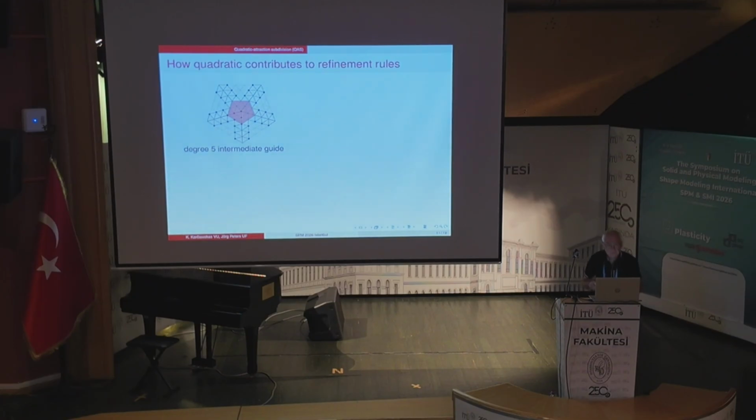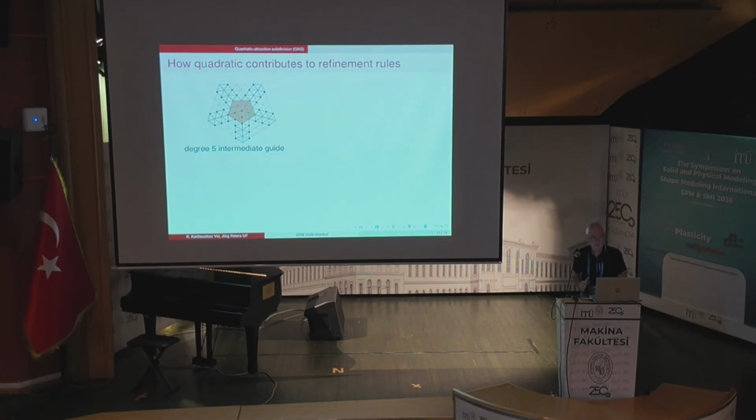Now, how does the quadratic come into the game? It is really important but technical work. Now only a very brief sketch. First, we take an intermediate guide of total degree 5. At the center, you see this quadric.